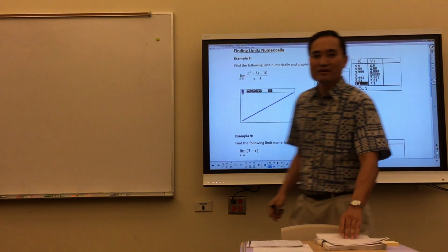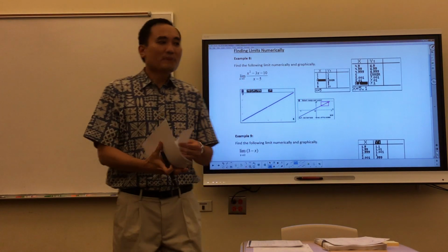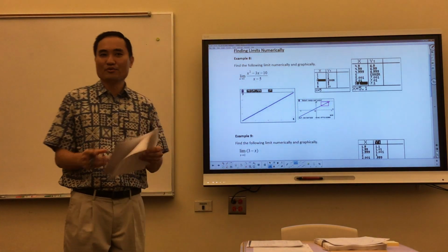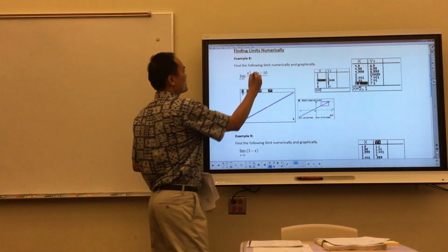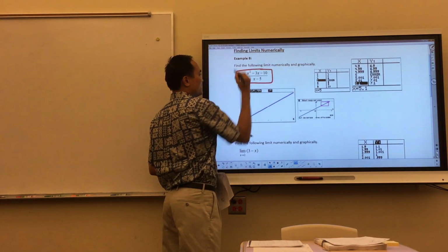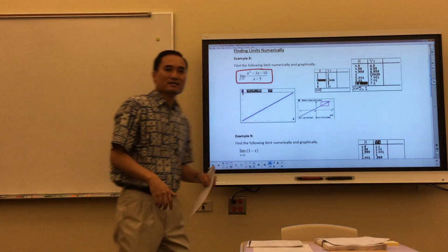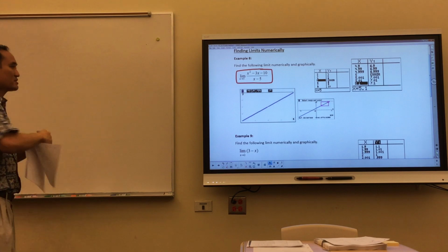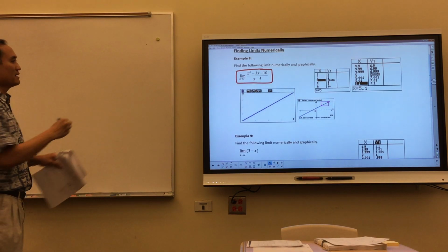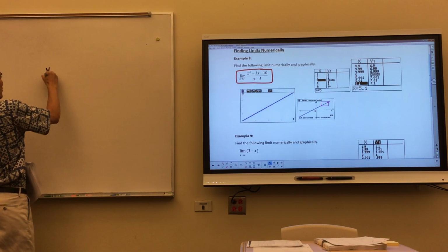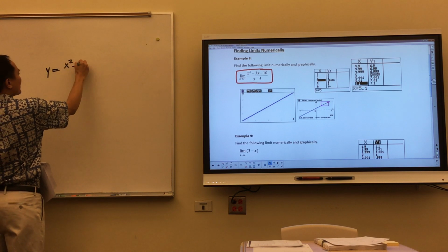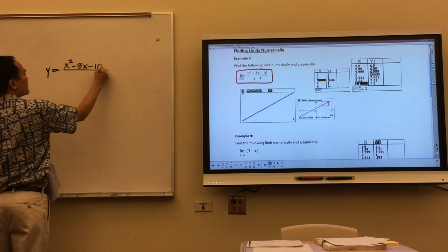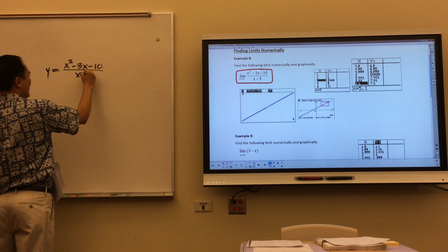Finding limits numerically. Numerically means using a table. Over here, I have this formula. Let me take a quick period of time to talk about this interesting function. y equals x squared minus 3x minus 10 over x minus 5.